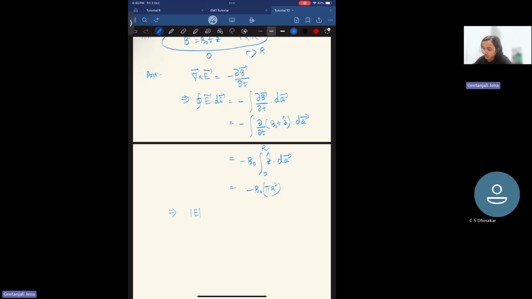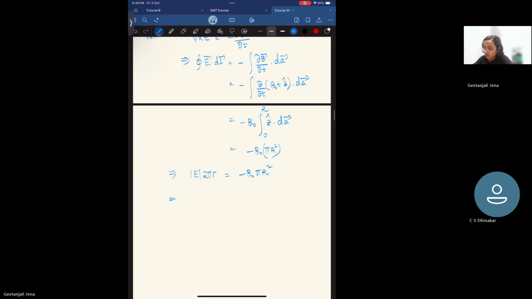So that means E·2πr equals minus B0 π R², or E is minus B0 R² by 2r.